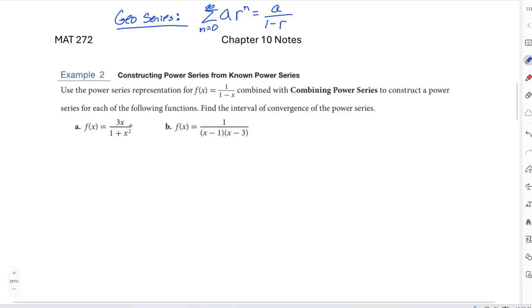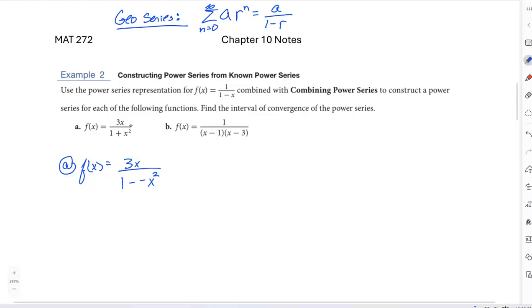So we're trying to rewrite 3x over (1 plus x) squared in the form of a over 1 minus r. So let's see if we can do that. So f of x equals 3x over, how about 1 minus a negative x in the denominator, squared?